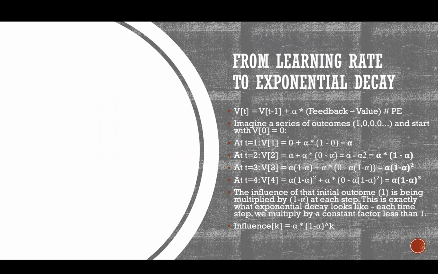So if you remember the formula of the update, the expected value at time t is given by the expected value at time t minus 1 plus the learning rate multiplied by the prediction error, which is the feedback minus, and I should have written V at t minus 1, value.